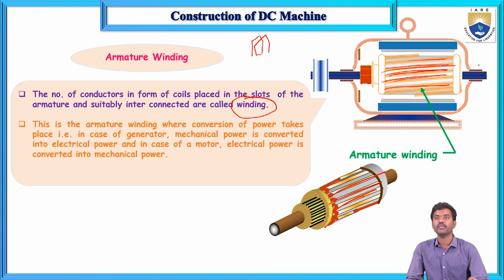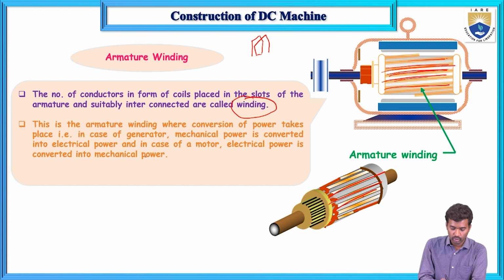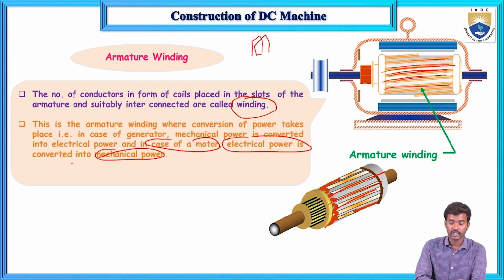In the armature winding only, electromechanical energy conversion takes place. In case of a DC motor, it converts electrical energy to mechanical energy. In case of a DC generator, mechanical energy is converted to electrical energy.